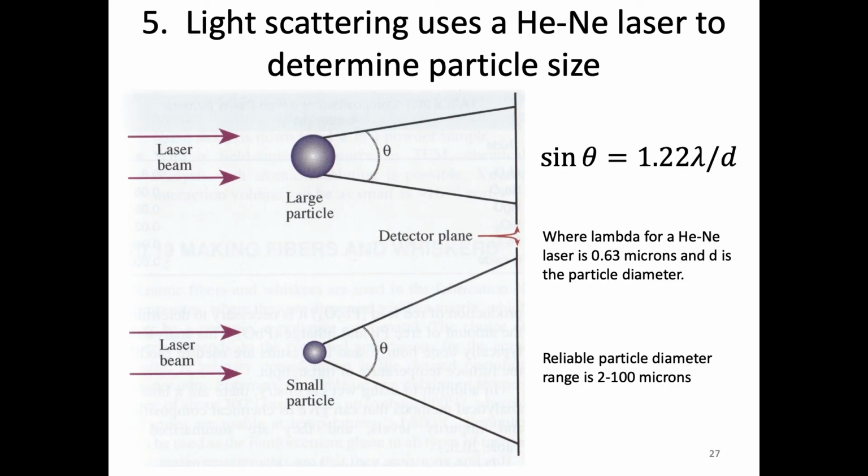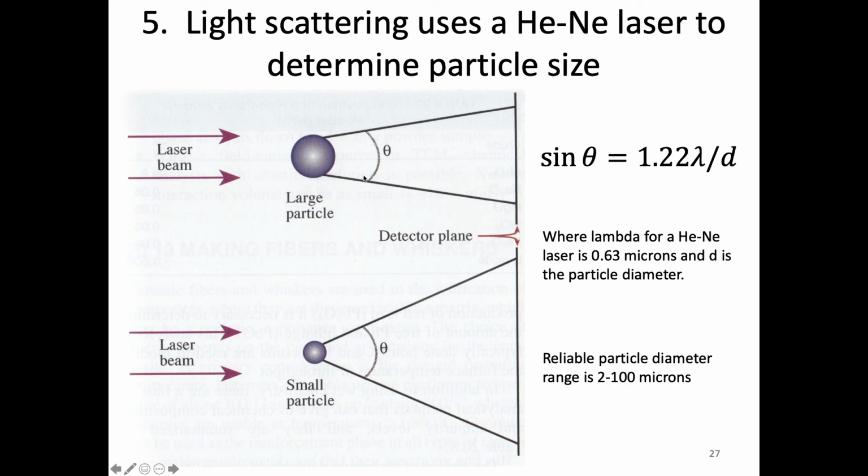Okay, the next one I want to talk about in terms of particle size is another pretty common technique, and it's again a slurry-based approach. In this case, we use a helium neon laser. We have a laser beam directed at particles in a solution, and the way the laser beam interacts with the particle causes light scattering.